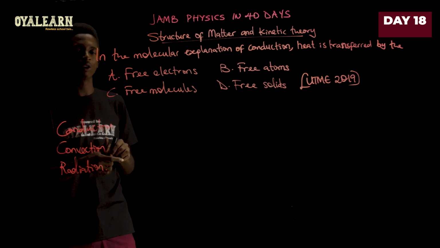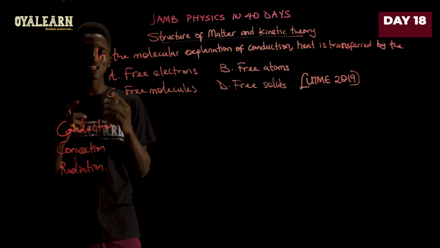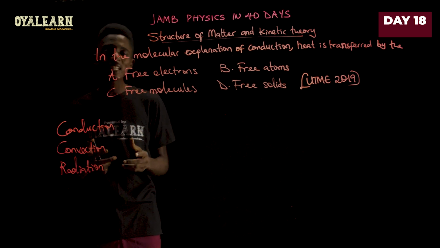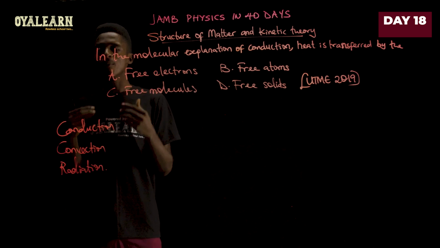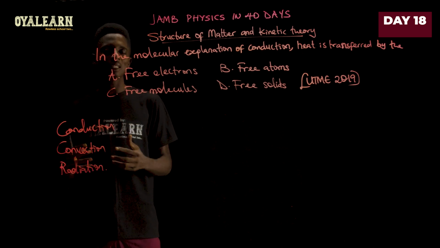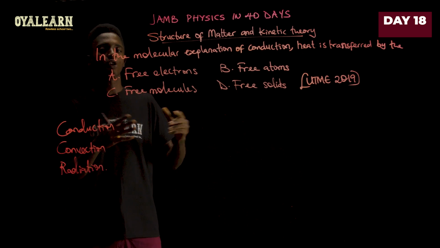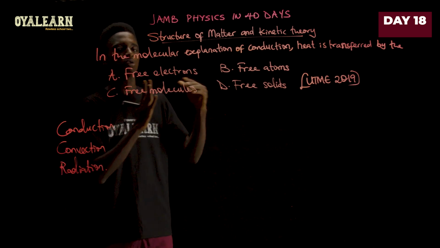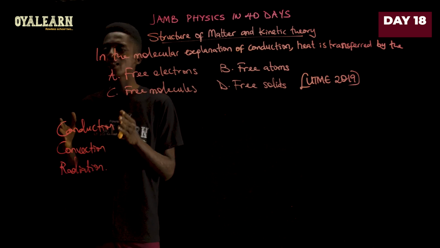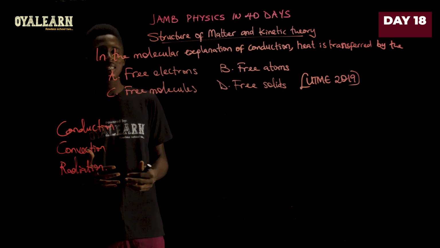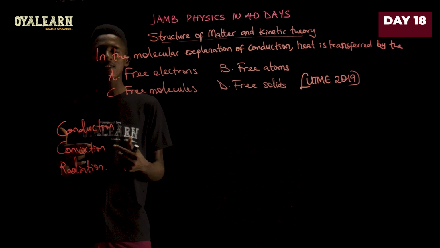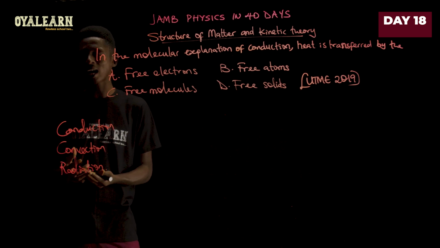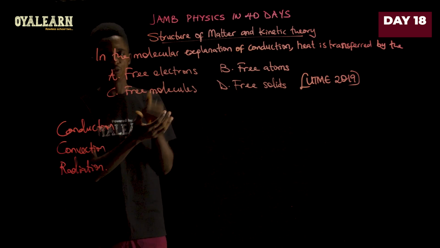Now, heat transfer by conduction involves the transfer of heat energy in a material from molecule to molecule, where the molecules are vibrating more rapidly and then they transfer energy from one to the other, from the hotter region to the cooler region. And then in the case of convection, we see transfer of heat in a material by the actual movement of heated fluids from the region of hotter to the cooler regions.